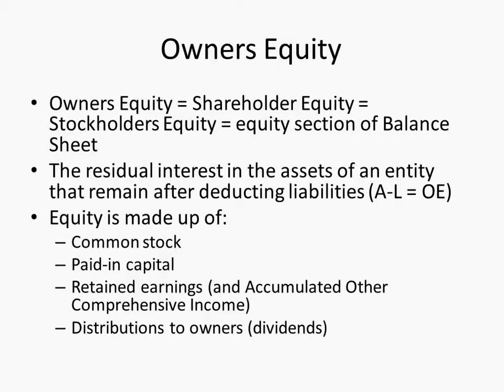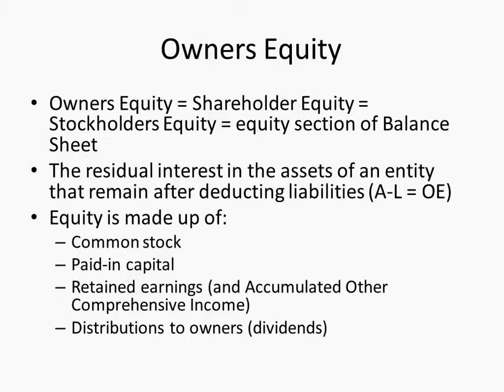Can you just go over distributions one more time? Yes, distributions to owners. You have the owner's equity section, and you have retained earnings in that section. That's the net income that accumulates over time. Companies may decide to give dividends.